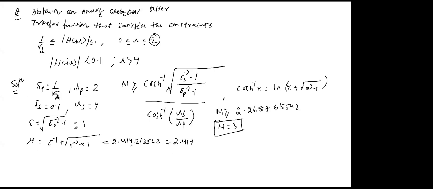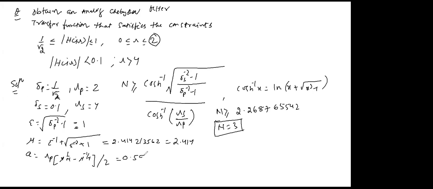But from a practical point of view, you should not round up. Value of a equals omega p, mu to the power 1 by n minus mu to the power minus 1 by n, by 2. I'm just writing those values; we just verify because there's less time left.